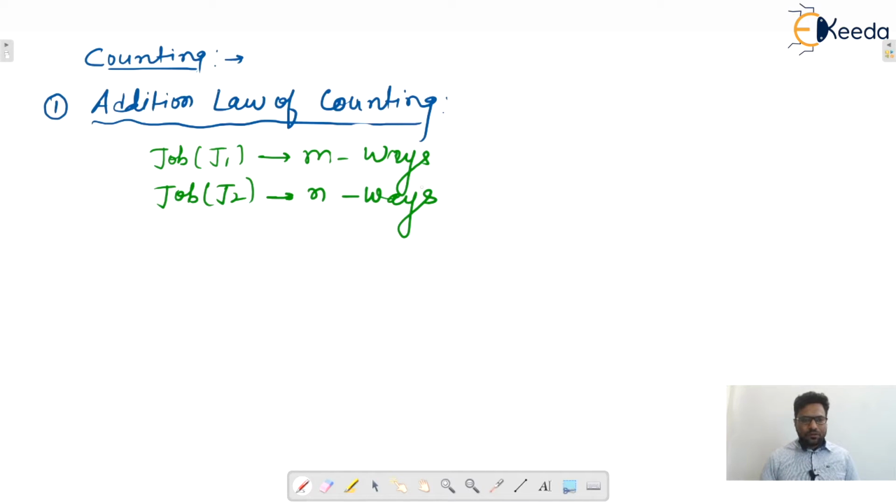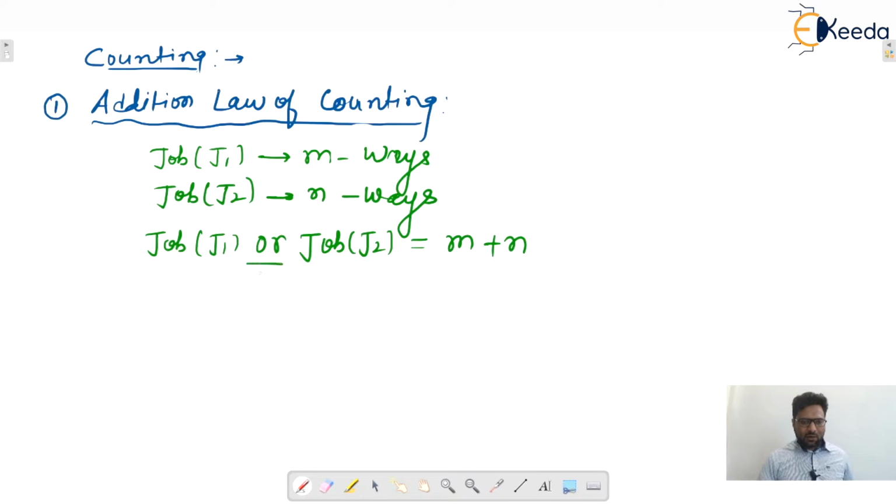So job J1 can be done in m ways, or job J2 can be done in n ways. Then all together, job J1 or job J2 can be done in how many ways? m plus n.